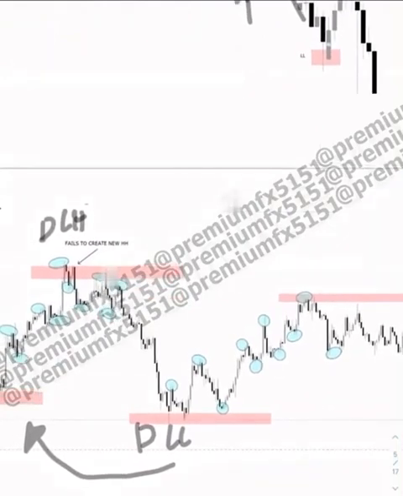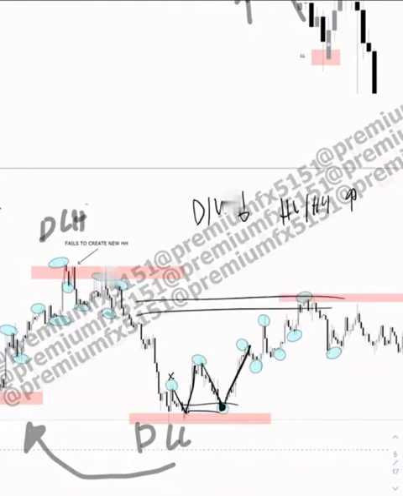Okay, so if we see H1 breaking a structure to the upside, now we can buy at certain levels, knowing that what? Now we have the intraday being H1 and H4 on a bullish scenario, okay, and daily, weekly bearish. So now we are trading a retracement, okay.